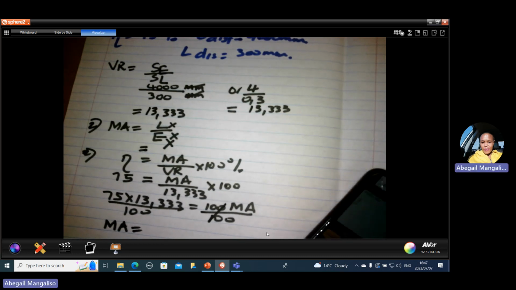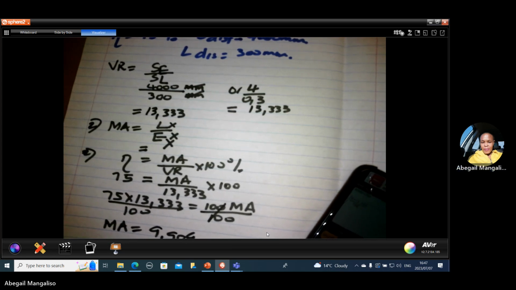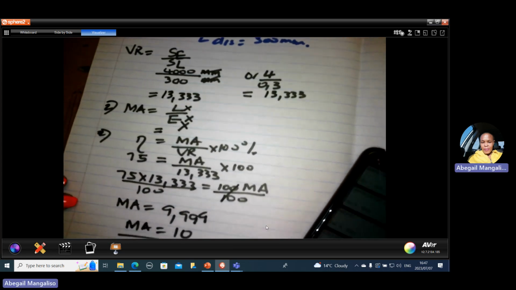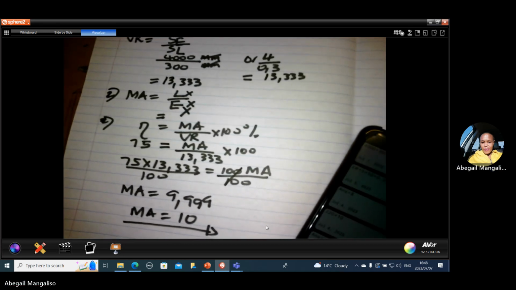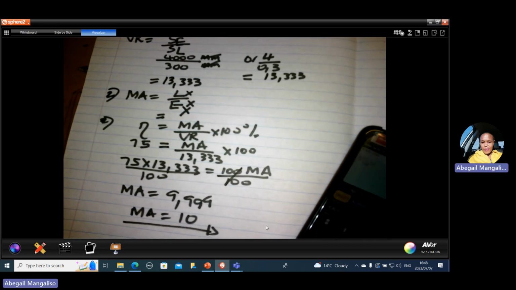Mechanical advantage will be equal to 75 times 13.333 divided by 100. The answer is 9.999, which is equivalent to 10. So mechanical advantage has no units. This is how you calculate it.